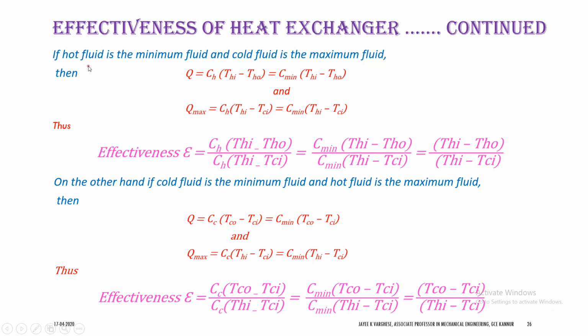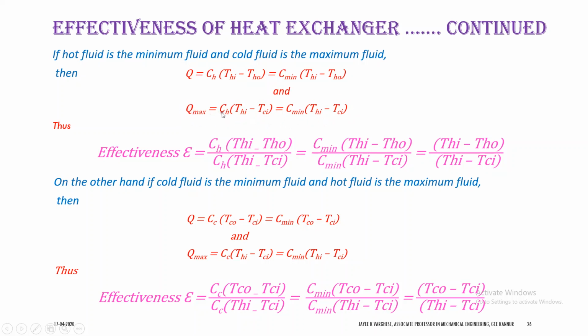So the heat transfer, if the hot fluid is the minimum fluid, is C min into Thi minus Tho. This is the actual heat transfer. And what is the maximum possible heat transfer? Maximum possible heat transfer is always given by minimum heat capacity into the maximum possible temperature difference, Thi minus Tci. This is the case of a heat exchanger with infinite area.